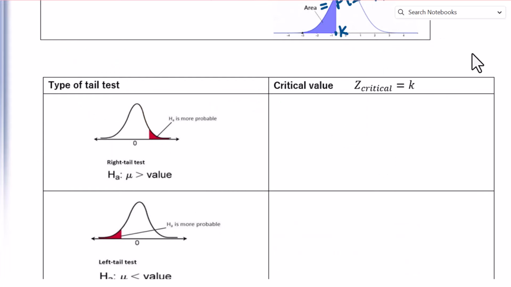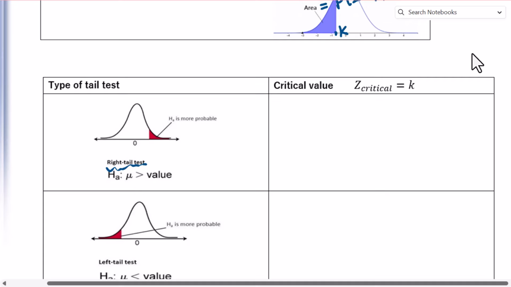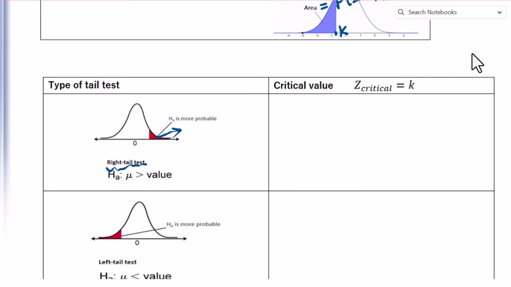There are three types of tail test. Right tail test. Area will be significance level alpha. So this critical value k equals inverse norm.